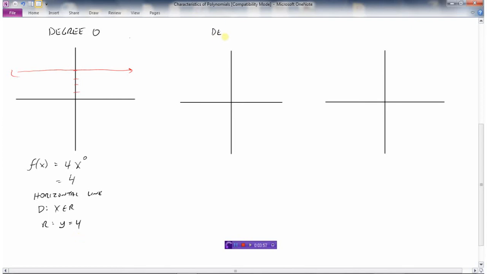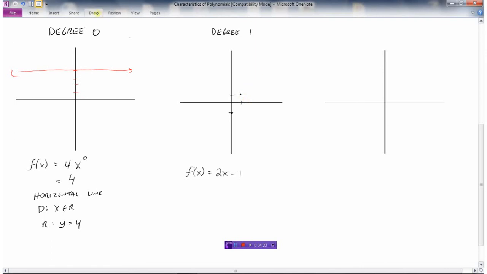Let's see what happens when we start to put a degree of 1. So now we can put a 1 on the exponent of x. So this might look like this. Say 2x minus 1 as an example. Well, you should remember this from a previous math course. This would have a y-intercept of minus 1 and a slope of 2.